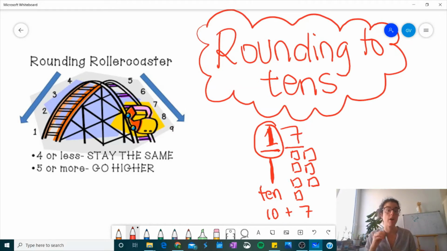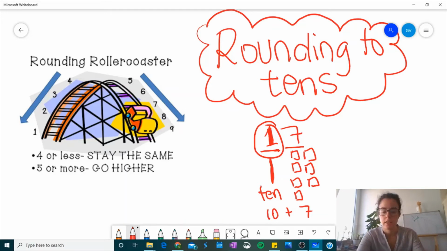So we are going to try really, really hard to guess using all of the information we have. So we are going to use our brains to round the number so we can have an estimate. Now, let me show you how this is done. Okay, Miss G is going to stop talking about crazy things and we're going to use numbers because I think it's easier to see when we have numbers.